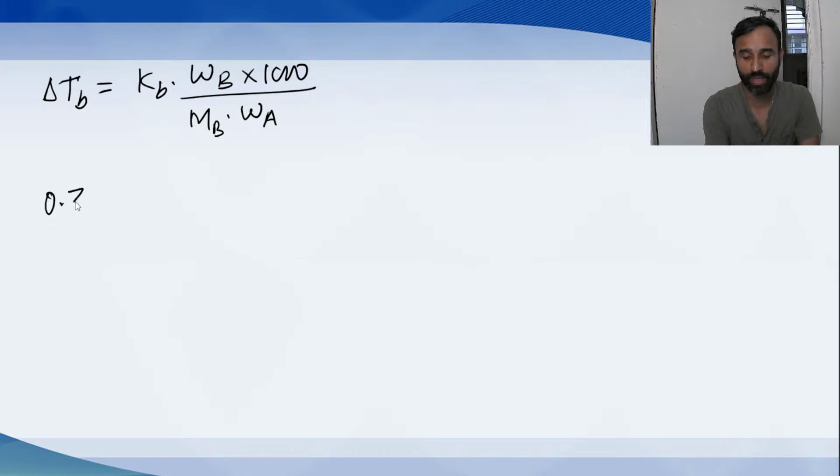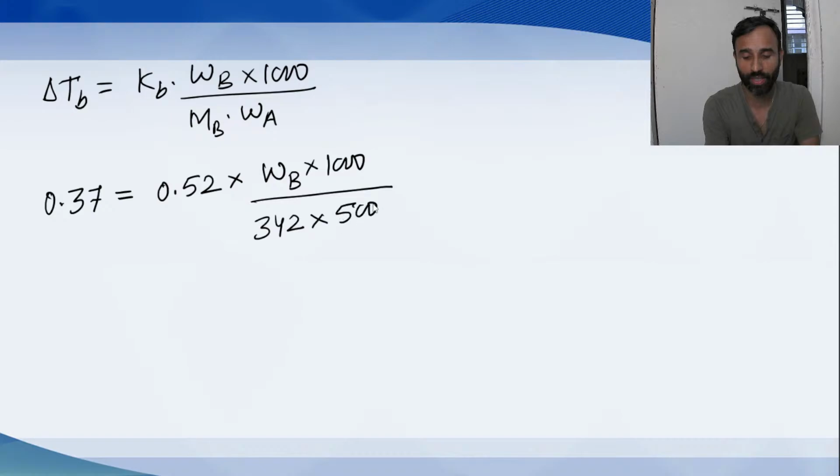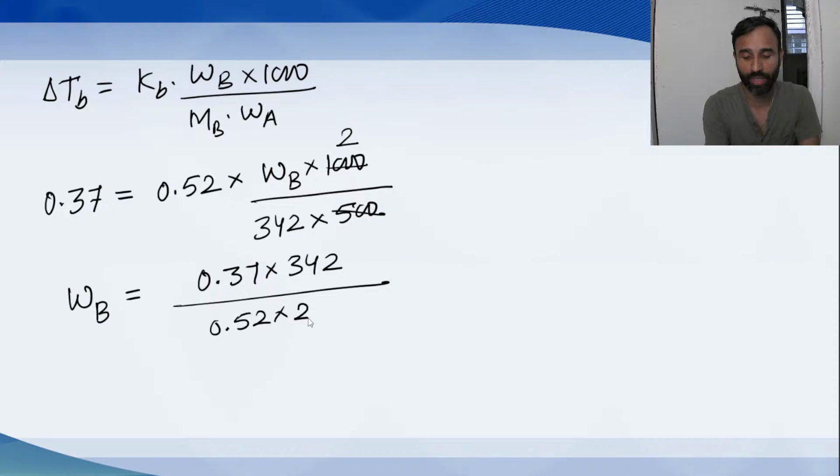Delta TB is 0.37, KB is 0.52, WB we have to calculate, MB 342, WA, yes, WA it is 500, it is 2, so WB equal to 0.37 into 342 over 0.52 into 2.